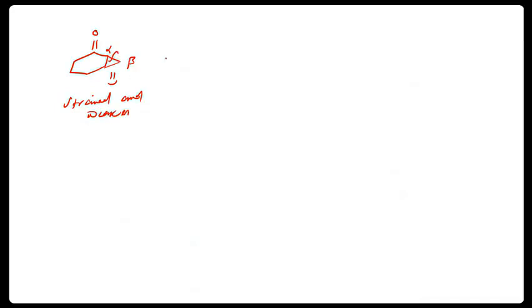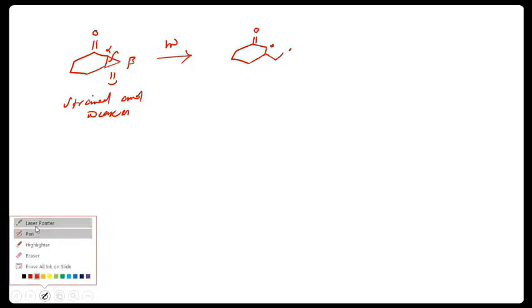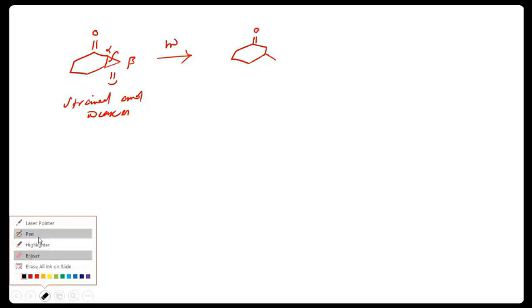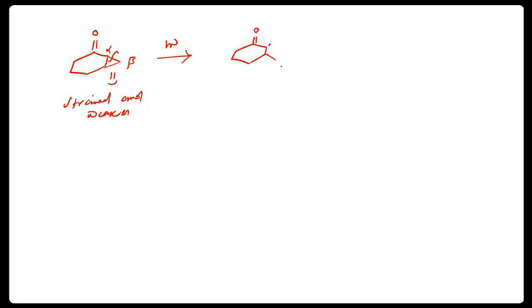As a result, after irradiation with h nu, it will cleave in these positions. So we will have one dot here and another dot here, and we have one H.